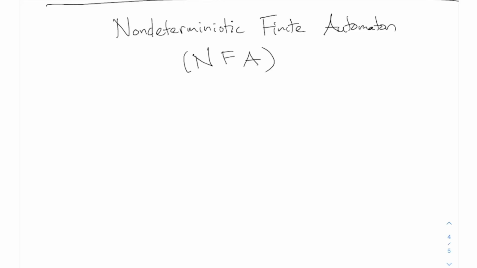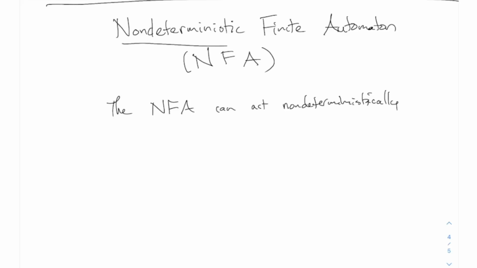The difference here is that the NFA can act non-deterministically. That's the longest word I've written all day, I think. What it means is that if you use the same string, it looks like a DFA, it has a starting state, but when you run this string, in a DFA there's only one way that it could go.